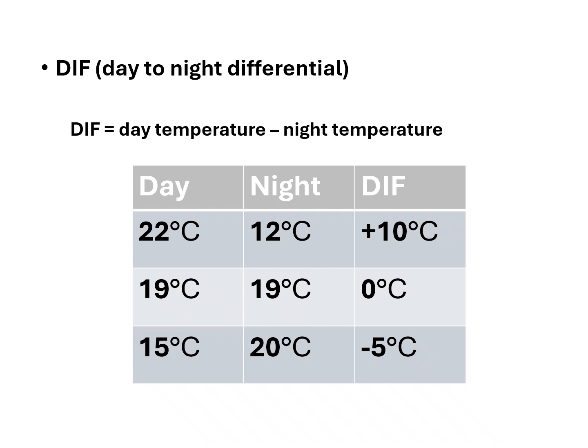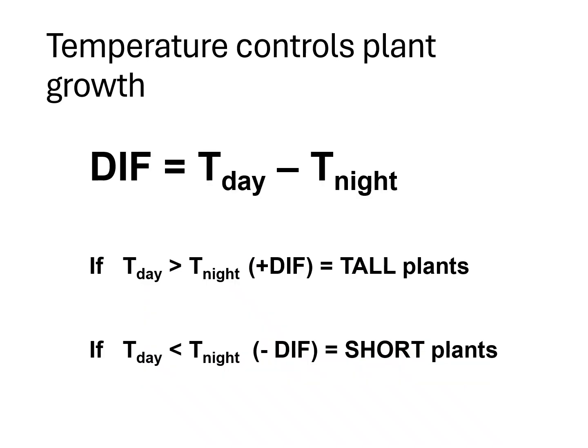So in this scenario, the first example is 22 degrees during the day, 12 degrees at night. That's a 10 degrees positive diff. Now, if we have 19 during the day and 19 at night, we have a 0 diff. And if we have 15 during the day and 20 at night, we have a -5 diff in temperature. So here's how we calculate it. Remember, you take your day and you subtract your night.